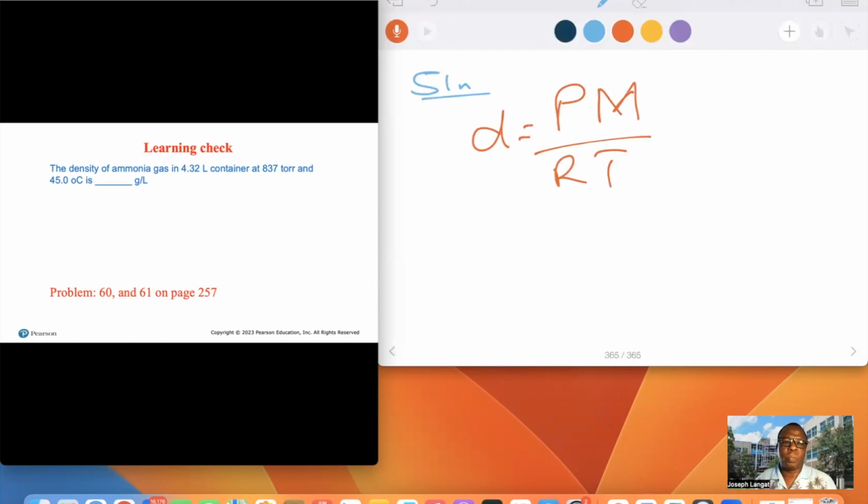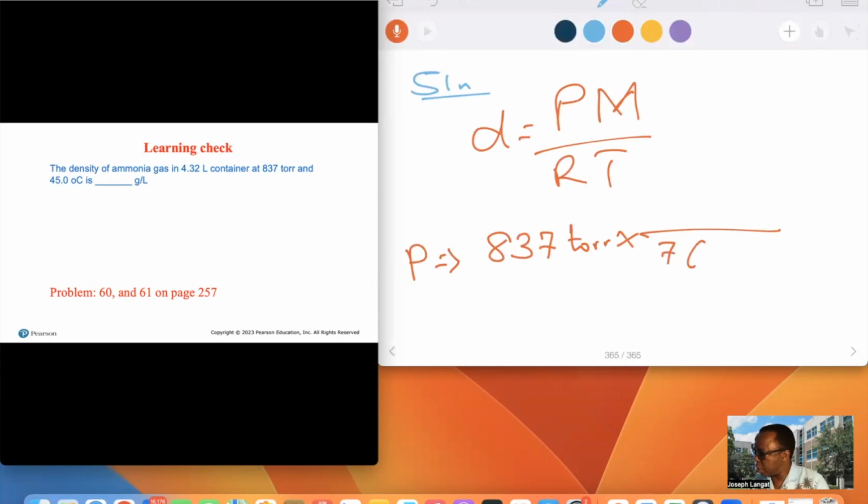Pressure is 837 torr. Change that to atmospheres using the conversion factor 760 torr to 1 atmosphere.